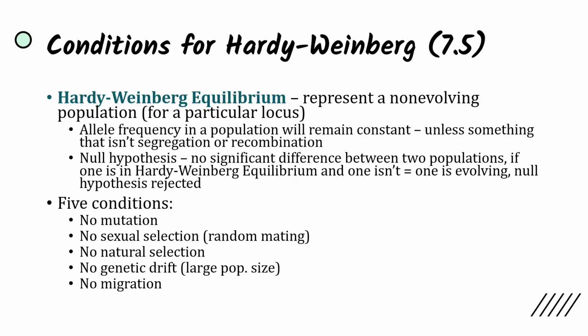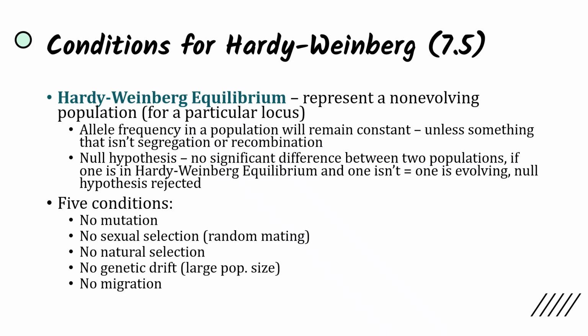So now we're going to go on to discussing Hardy-Weinberg equilibrium, which is how we represent a non-evolving population for a particular locus. So for a particular location on a chromosome, which is going to be for a particular gene, the population could be non-evolving, meaning that the allele frequency will remain constant. The amount of dominant and recessive alleles for that gene in the population will remain constant.